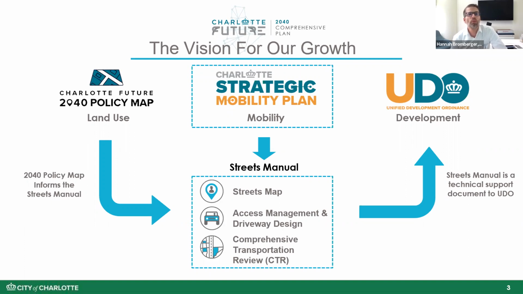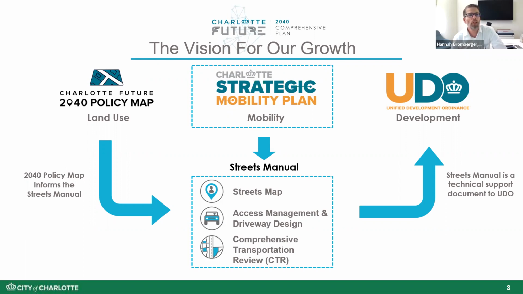In the middle is the Strategic Mobility Plan, the component of this growth vision that talks about our transportation investment, the mobility vision for how we accommodate that growth. There's a policy document that actually just got adopted last night that sets that vision for the city growth and helps implement the 2040 comprehensive plan.